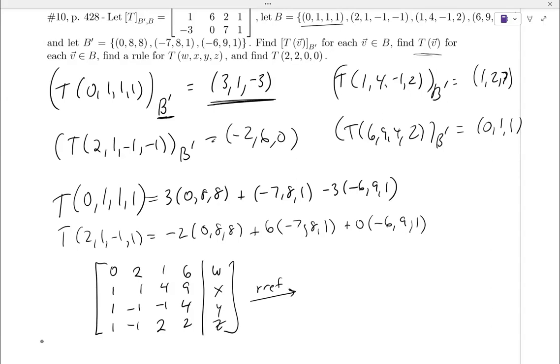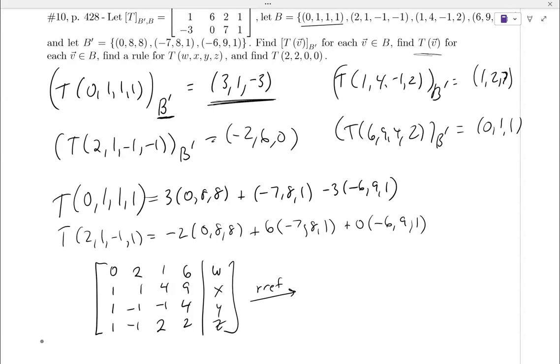Because this gives you the actual vector outputs for each of these particular inputs, right? So then I can write the output for W, X, Y, Z by using the properties of our transformation, writing it as a linear combination and then splitting it up, right?